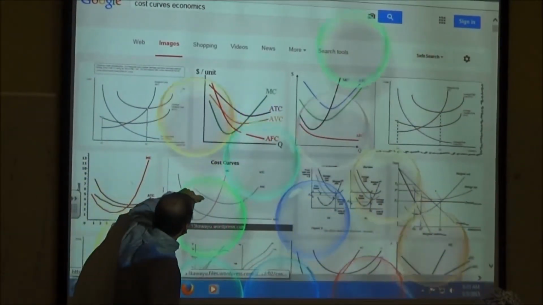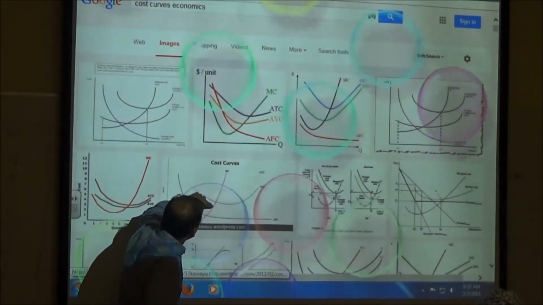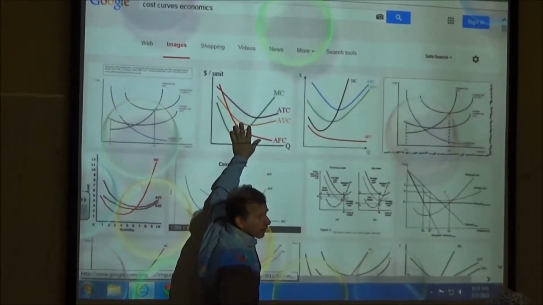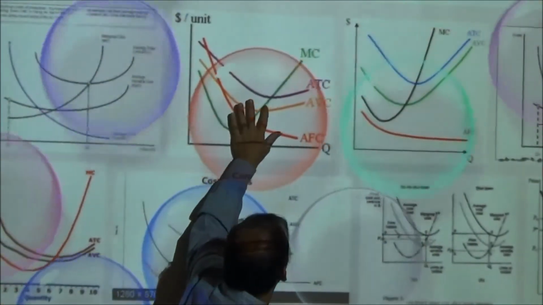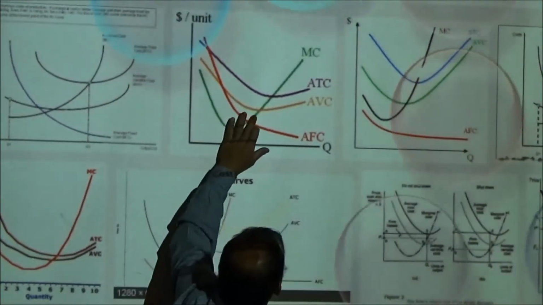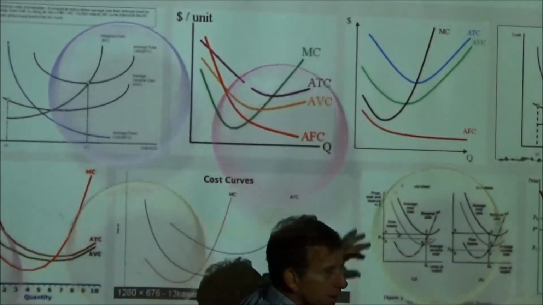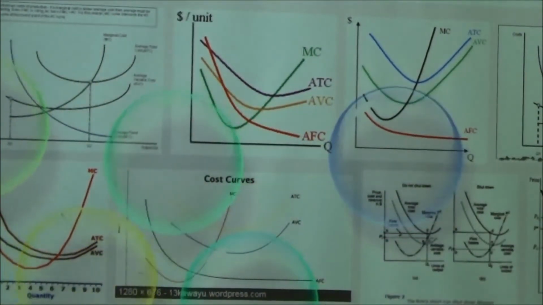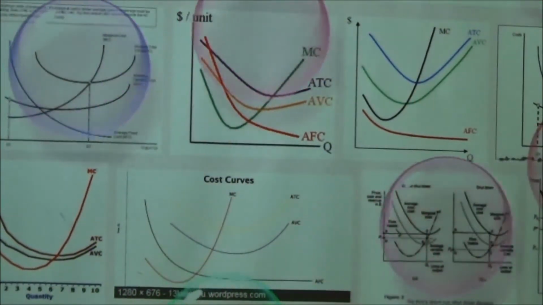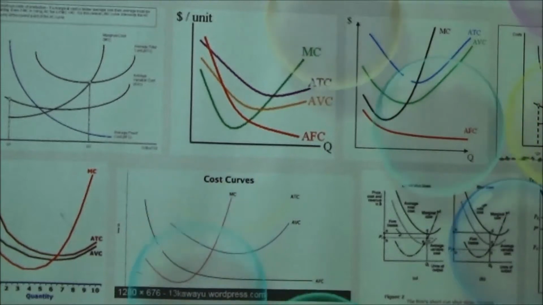Okay, number 3. The marginal cost curve will always intersect at the minimum point of the average variable and the average cost curve. When the marginal comes through, it always intersects the minimum point. The minimum point of what? The minimum point of the average cost curve and the minimum point of the average variable cost curve.